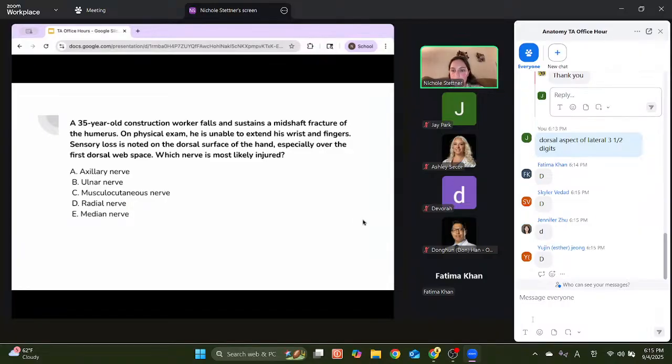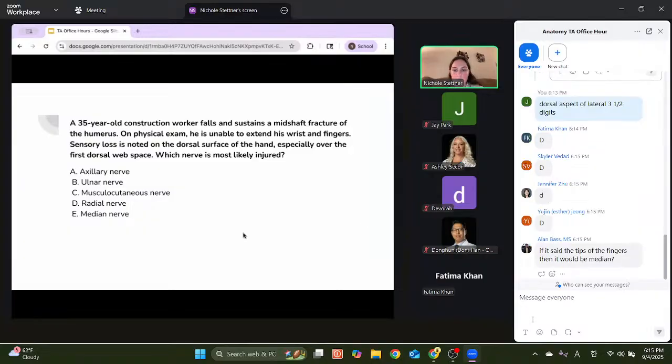Okay, so I see D in the chat. And if it was the tips of the fingers, it would most likely be a median nerve injury. I hate to say all or nothing, but for the sake of this exam and what we're doing now, obviously there are probably people out there with different movement innervation just because of their embryology or whatever could have happened. But yes, if it's the tips of the fingers, it should be median, depending on the fingers too.